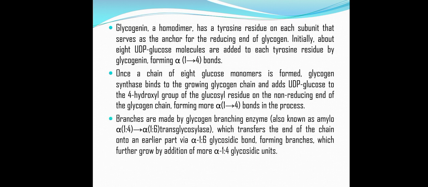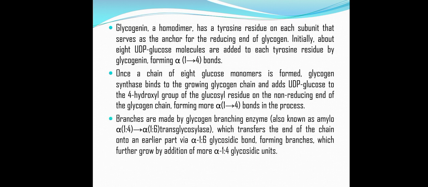Now as we said, glycogen is a homopolymer made up of glucose monomers, but this is a branched homopolymer, so the branching is present. The branches present within the glycogen molecules are made by the glycogen branching enzyme, which is also known as amylo alpha 1,4 alpha 1,6 transglycosylase.